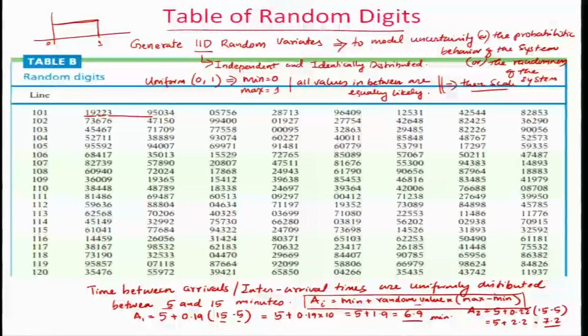Instead of taking all values exactly the same, we are saying that all values between 5 and 15 minutes are possible for each consecutive arrival. If one person arrives after the 6th minute, the next person can arrive any time between 5 to 15 minutes after that. If the next person arrives in 10 minutes, then 6 plus 10 is the 16th minute, and that is how the simulation clock will advance. I hope this makes sense.